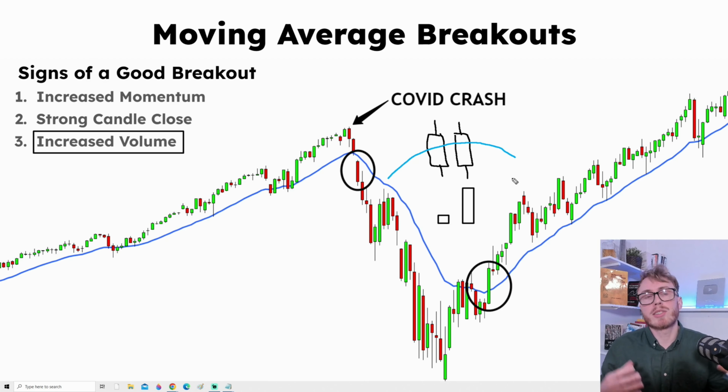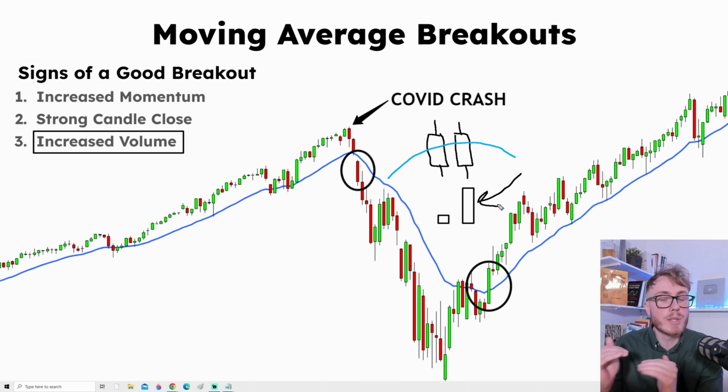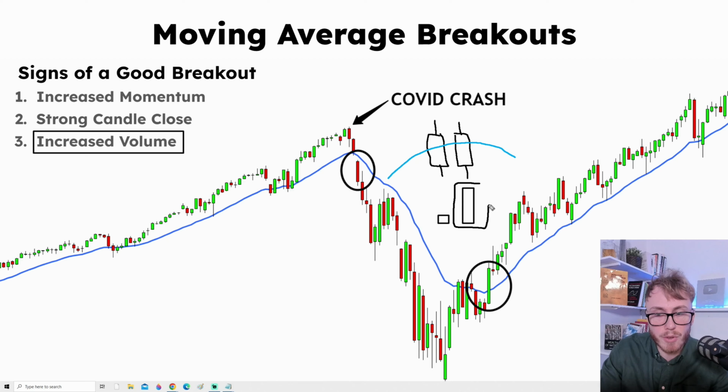Volume basically measures how many stocks or how many cryptocurrencies or forex or whatever were traded during a specific time period. A simple way to think about this is how many buyers or sellers are agreeing that this is a valid move. So if we have a strong volume bar, this will make the breakout more significant because more sellers and more buyers are agreeing that this is a valid breakout.